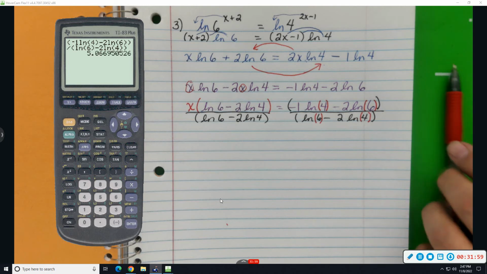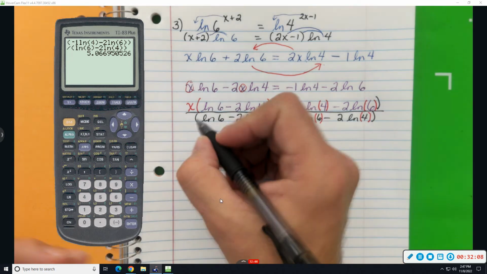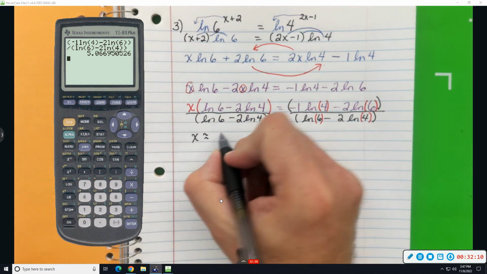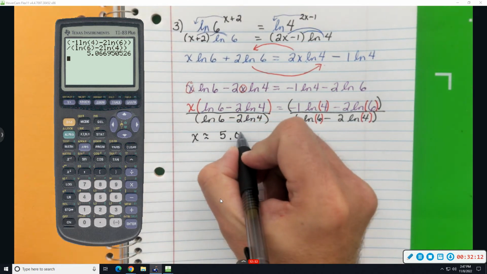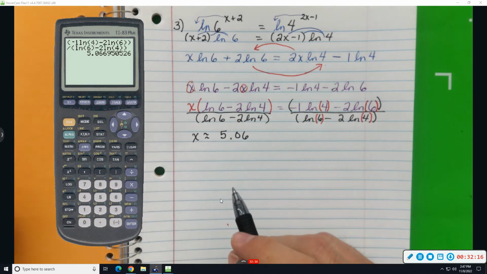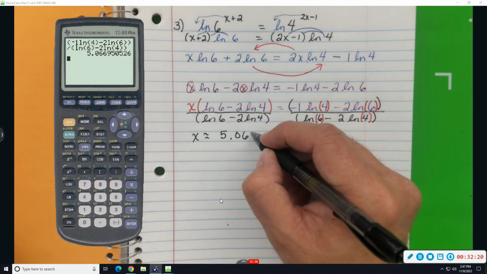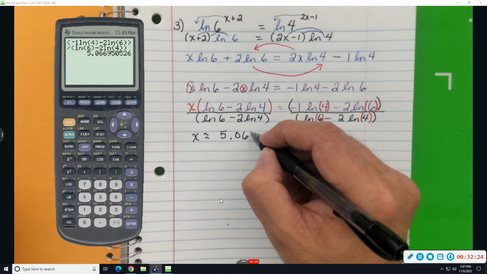And we're rounding this to 3 decimal places, so 5.06, am I going to leave it as a 6 or make it a 7, that next number? I'm thinking 7.